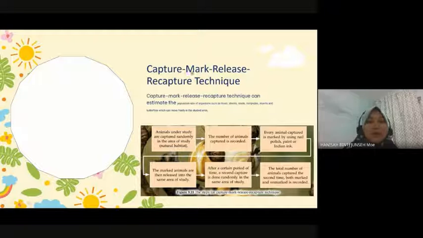Kita letak tanda. Okay, so masa kita letak tanda tu, make sure that the tag that we use is non-toxic and it's not too obvious, terlalu obvious sampai menyusahkan squirrel tu, sampai dia is being easy to detect by the predator ataupun sampai dia jadi susah untuk mating. Okay, so tagging ni biasanya gunakan cat ataupun yang tersembunyi, kita letak tersembunyi.